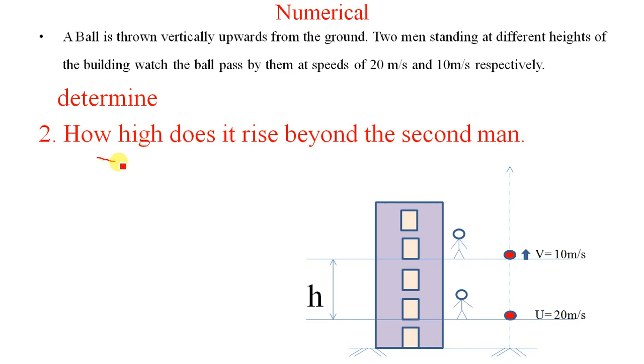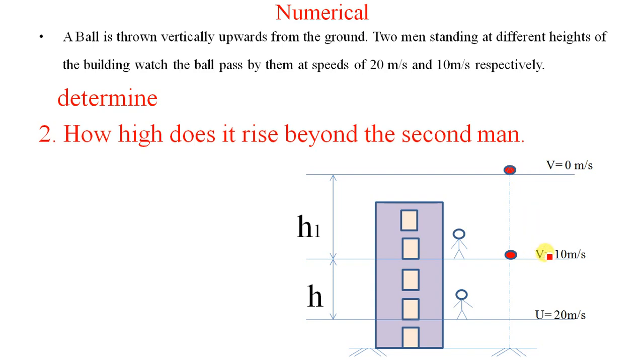Now we have to find out how high does it rise beyond the second man. Now this ball is moving in upward direction. Let's say that this ball will reach this highest point. When this ball reaches this point, velocity becomes 0, because at the highest point velocity is 0. Now we have to find out this height h1. Initially the ball was here, and after that the ball will reach over here.